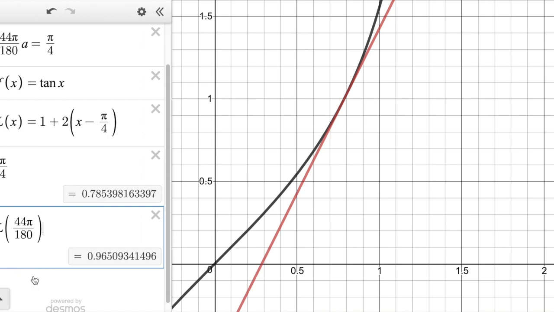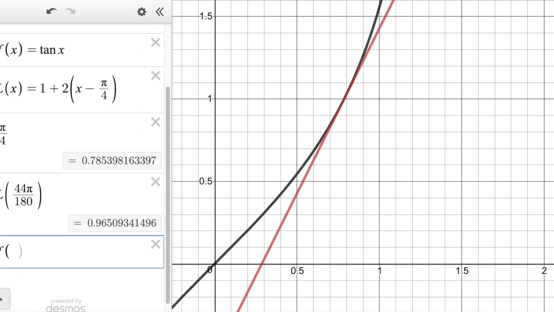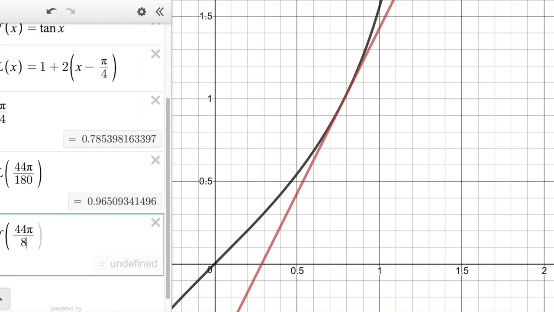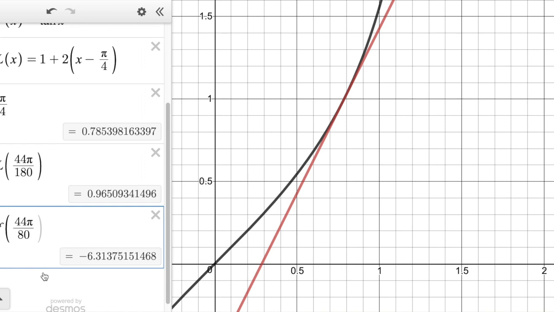And what is the actual version of that? F of 44 pi divided by 80. Ooh, hold on a second. What do I have here? Oh, I did 80, not 180. There we go. Oh, that's much better. I thought, uh-oh, maybe I'm in degrees. Okay, so 0.965.